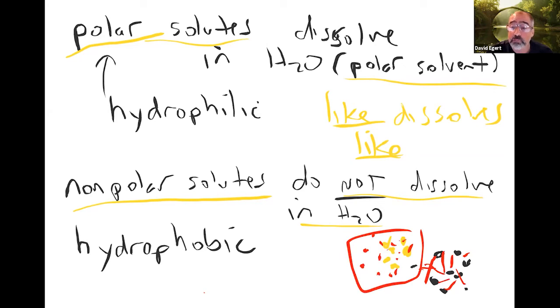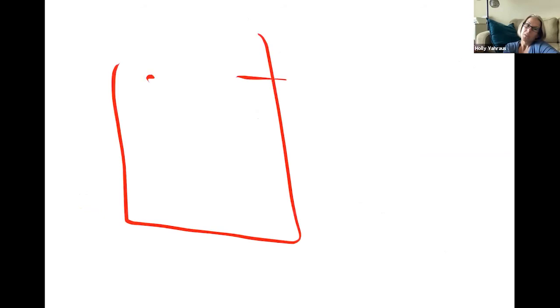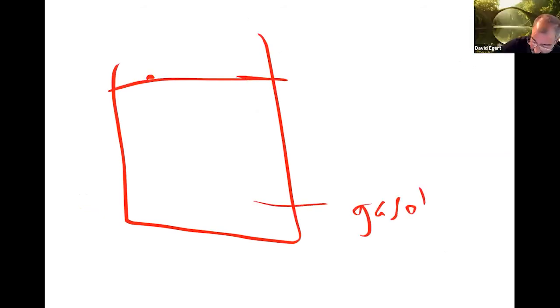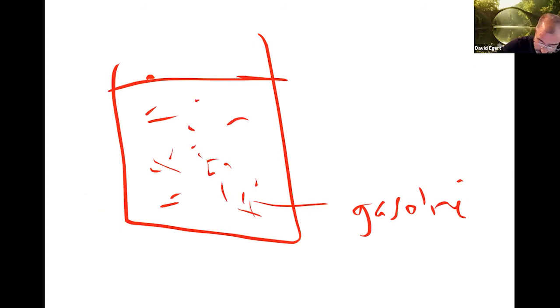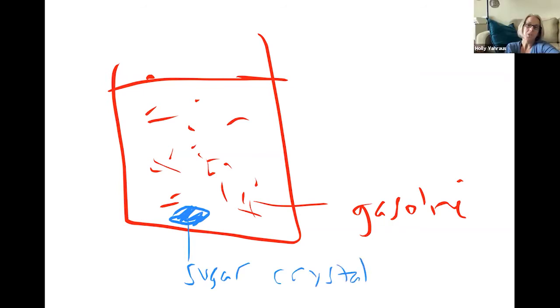If I put a polar solute in a non-polar solvent? If I take here, this is just gasoline, octane or whatever, non-polar molecules, and then I put in my sugar crystal. It won't dissolve.